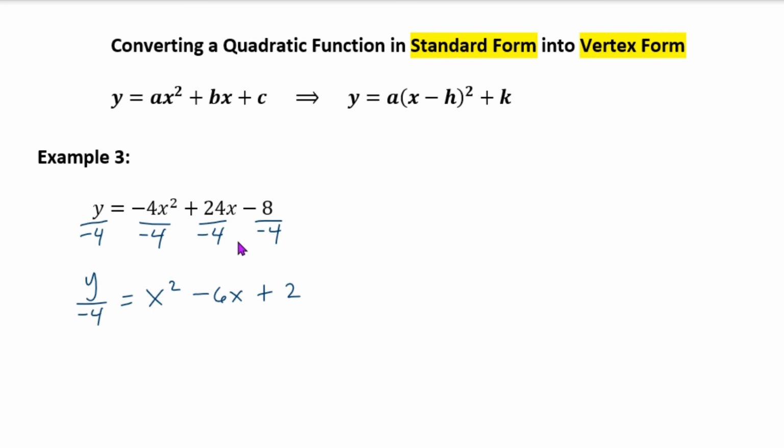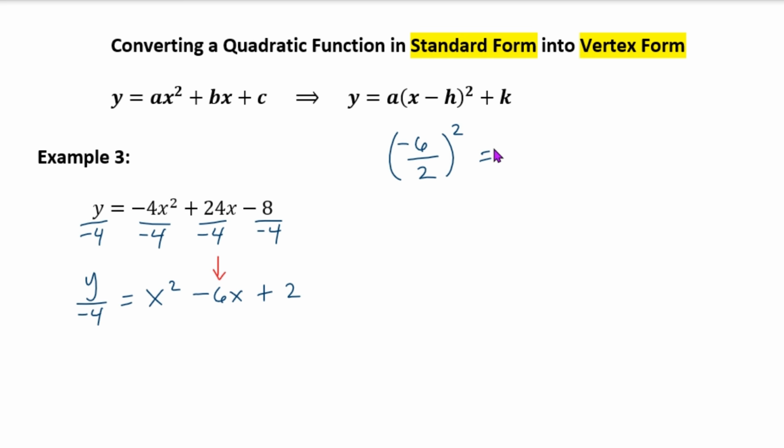The linear term in the right hand side is negative 6x and the numerical coefficient is negative 6. So we will take negative 6, and then divide by 2, and then square. You may or may not include the negative sign because we have to square it, and then at the end the result is positive.